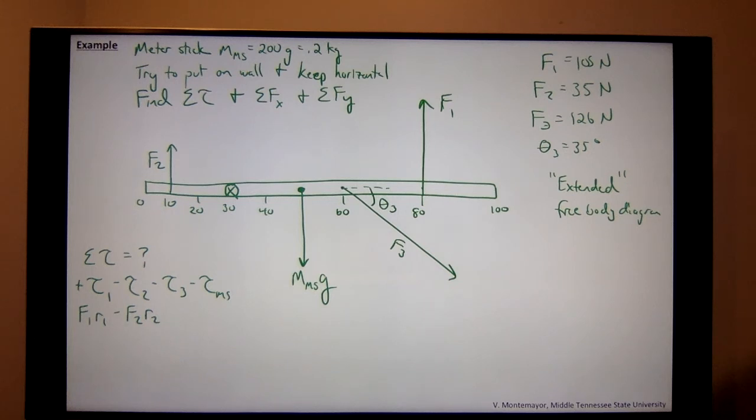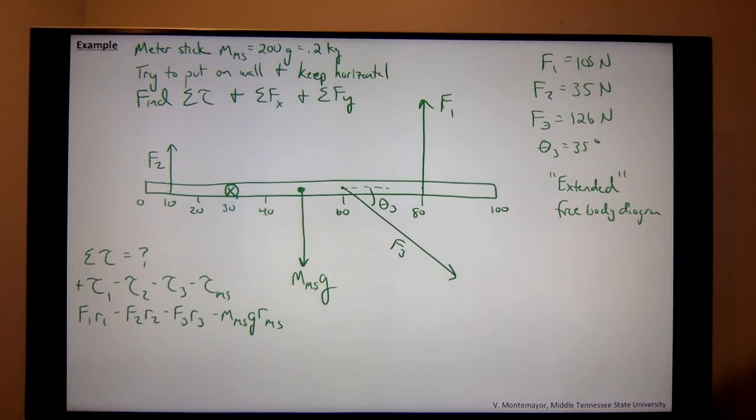And this one is force 3, R3. And this one is going to be the force, which is the mass of the meter stick, g, times R for the meter stick. Okay? So the three forces and the mass and g we know. Finding these R's is the problem.